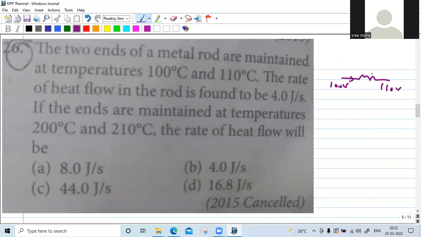Some current will flow depending on the resistance value. If I change this voltage to 200 volts and 210 volts, the current depends only on the potential difference, or here the temperature difference. Since the temperature difference is the same in both cases, the heat flow should be the same. So it's a trivial question. Option B.